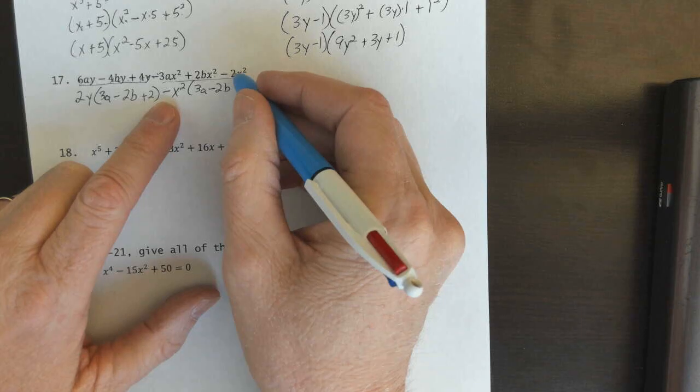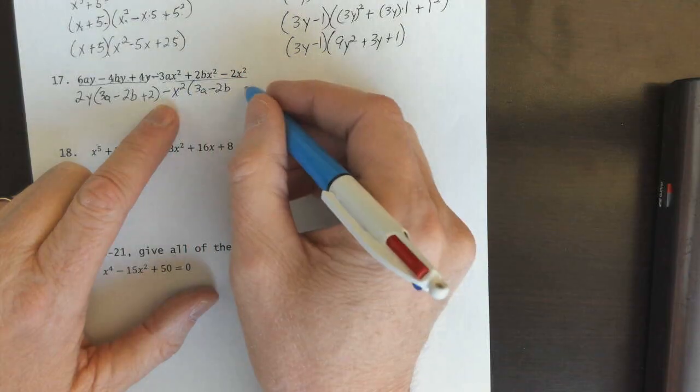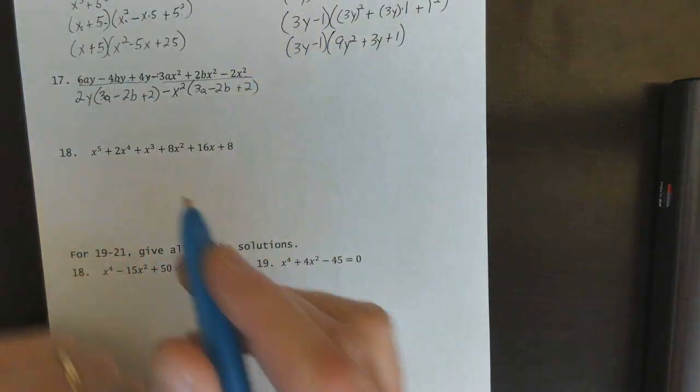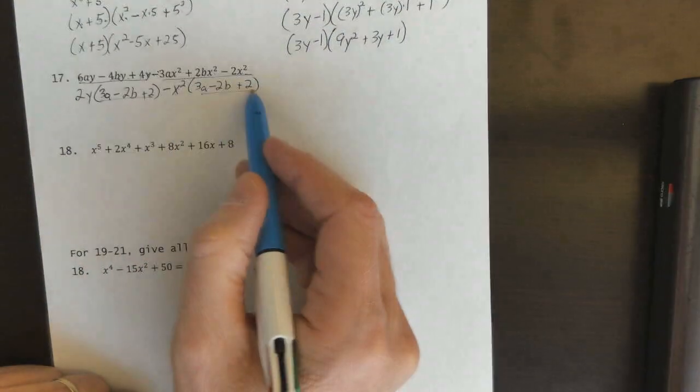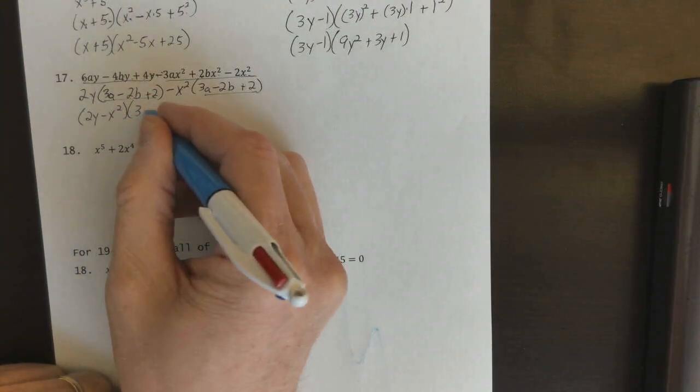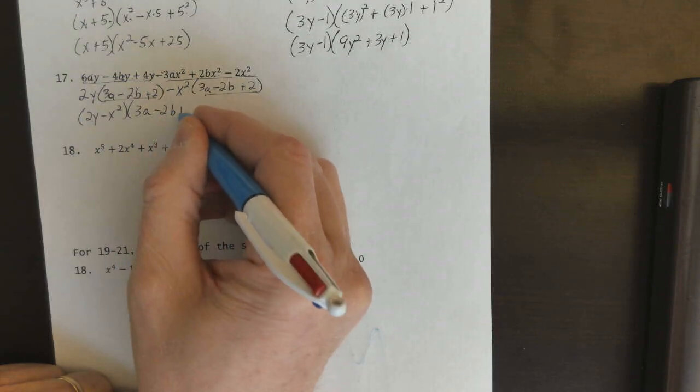The x squareds go. And then negative 2x squared divided by negative x squared is positive 2. All right, we can keep going because this and this are the same. So I got 2y minus x squared times 3a minus 2b plus 2.